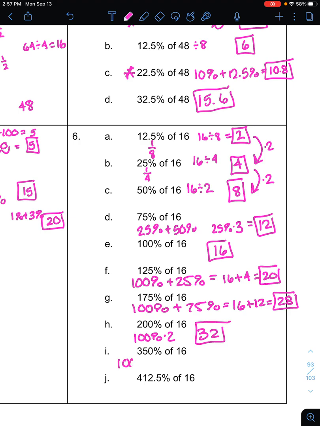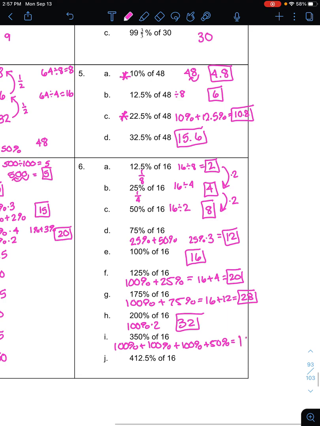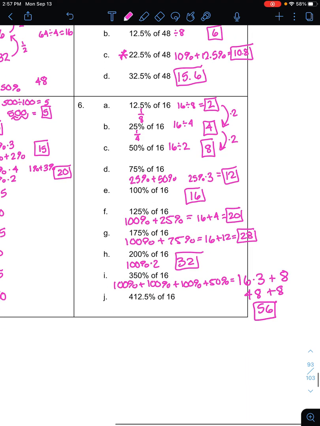350%, let's see. I need 100% plus another 100% plus another 100%. That's 300 plus a 50%. So it's going to be 16 times 3 plus a 50%, which is 8. That equals 48 plus 8, and that equals 56. All right, for this one, it's a little bit bigger.